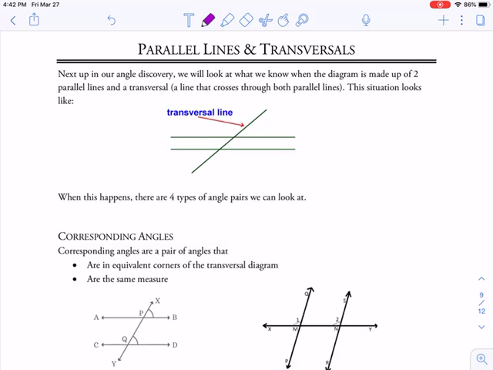And a quick reminder that the symbol like this, like two little arrows, shows that both of these lines are parallel to each other. We're going to see those kinds of markings every once in a while, but usually I'll just state that these are parallel lines that we're looking at. Okay, so key things here: a transversal that cuts across the two parallel lines. That's what we're going to focus on in this lesson.